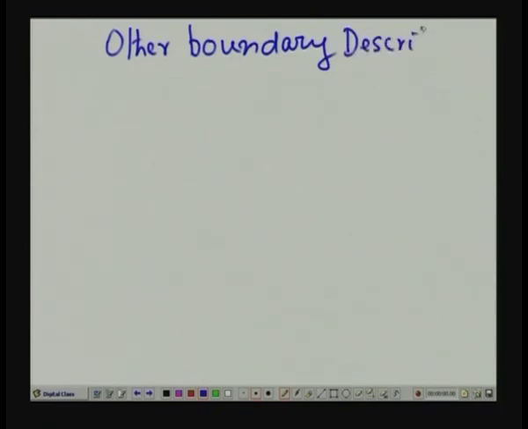So, now let us take up what other boundary based descriptors we can have. Another form of boundary descriptor is what is called boundary straightness.